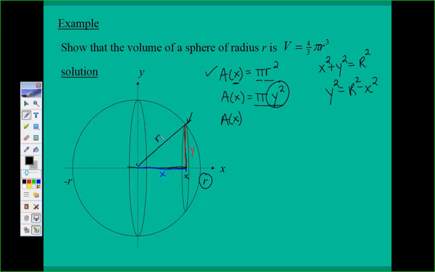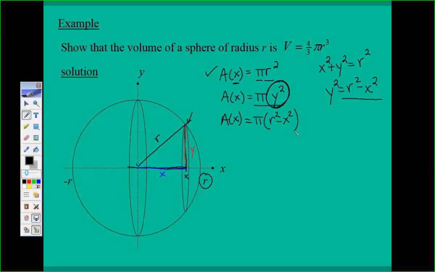So we'll say that's lowercase r, and also here we'll label this as lowercase r since our diagram is already listed that way. Now back to replacing y in terms of x. We would have pi, and we're going to substitute r squared minus x squared in for y squared. We now have the area of our cross section as a function of x.